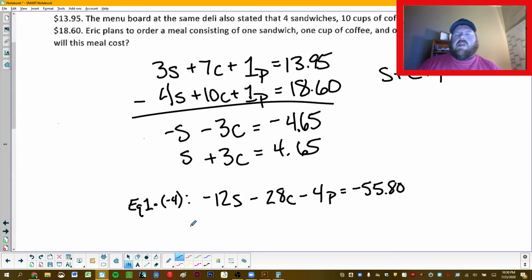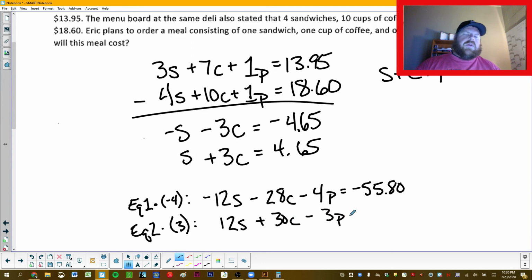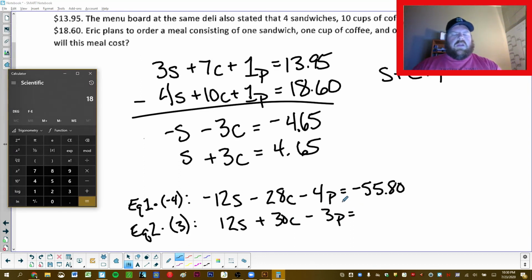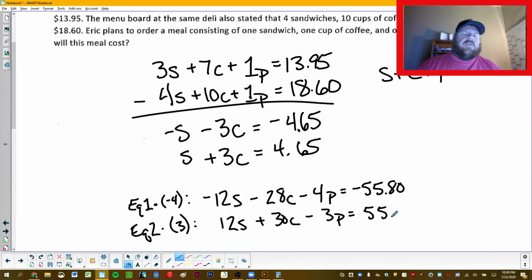negative $55.80. And then I'm going to take equation 2 and multiply it by 3, because again, I'm trying to get rid of s's here. I get 12s plus 30 cups of coffee minus 3 pieces of pie, and that's going to be 18.60 times 3, which is also 55.8.